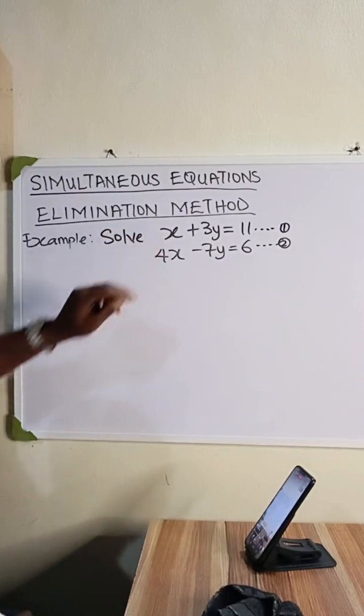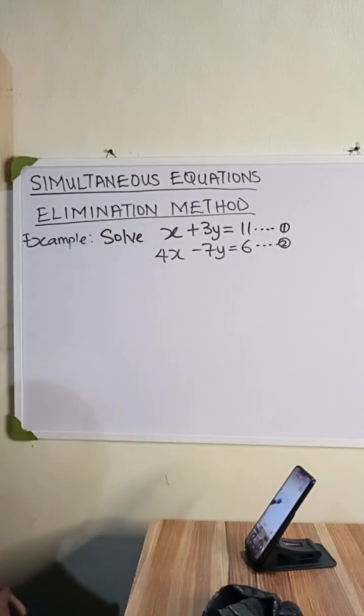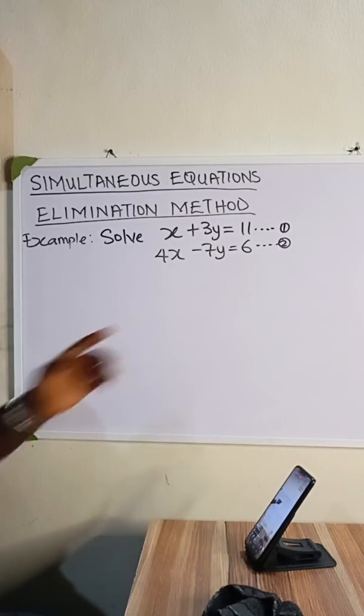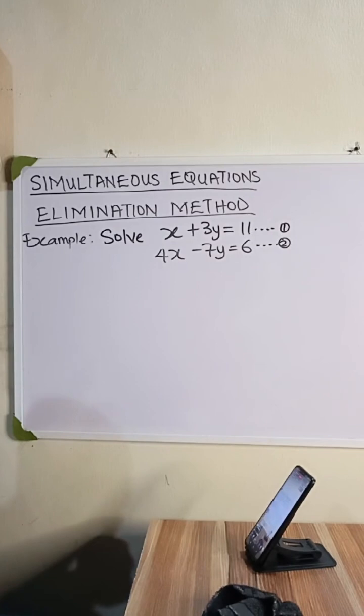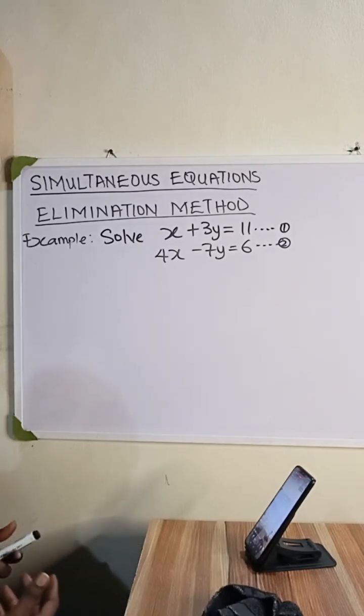Who can tell us what we will multiply equation 1 by? If we want to eliminate y, what are we going to use to multiply equation 1? Seven, correct. So we're going to use minus 7. For now, the sign is not important. The most important thing is the number.